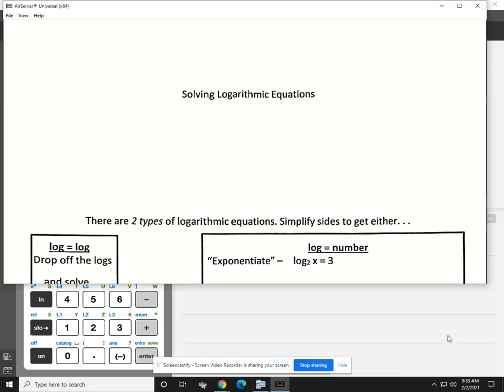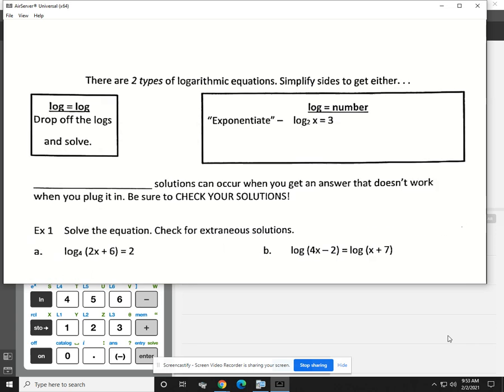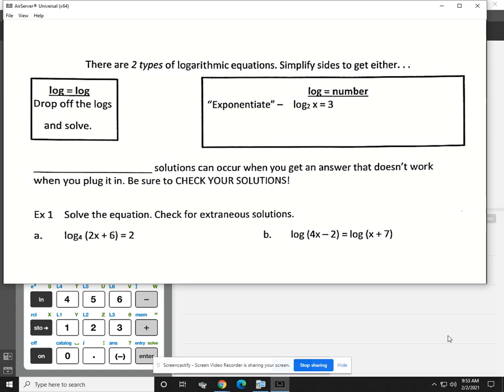If we have a log on both sides, we can drop off the logs. Then you take the arguments that are left and set them equal to each other and solve. So that was real simple.